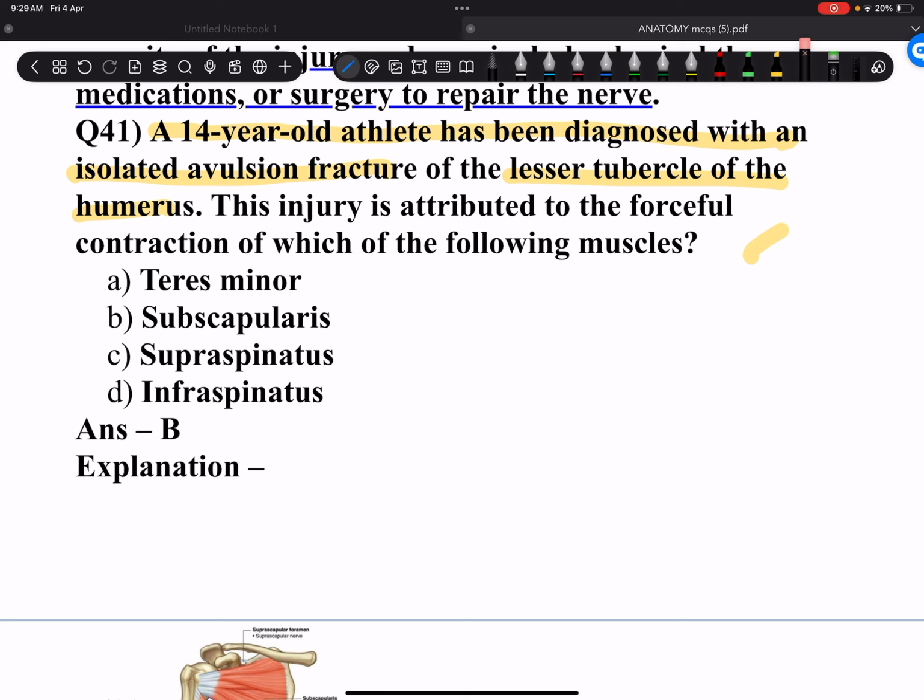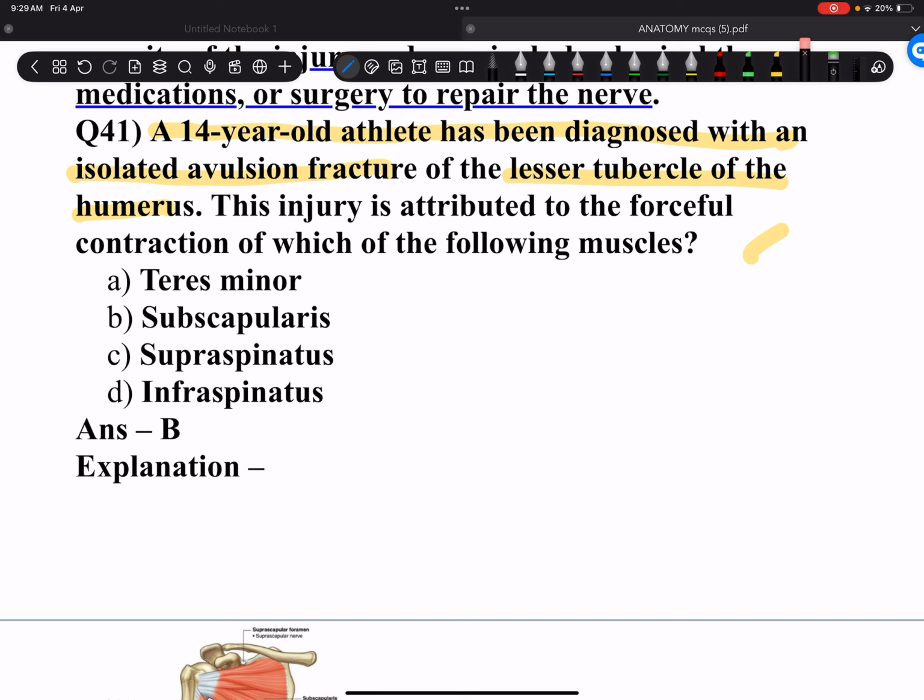This is the triangular interval. Sometimes this question also comes, what is this? The triangular space. This is teres major, this is latissimus dorsi, and this is the long head of triceps brachii.